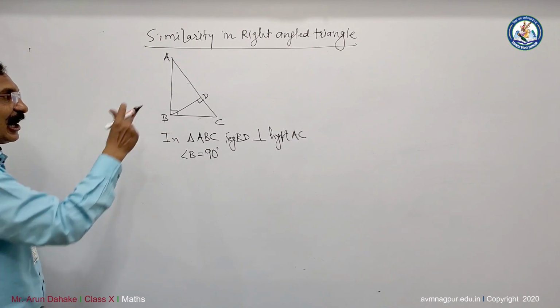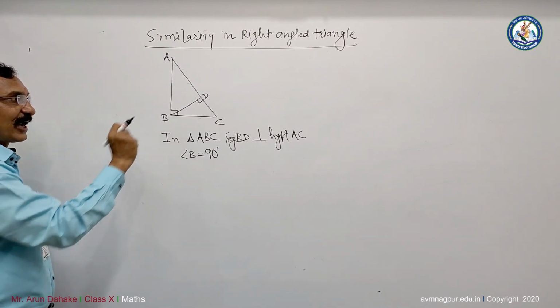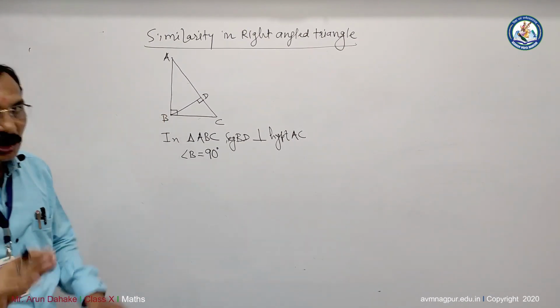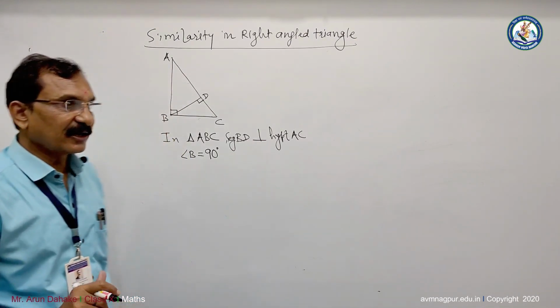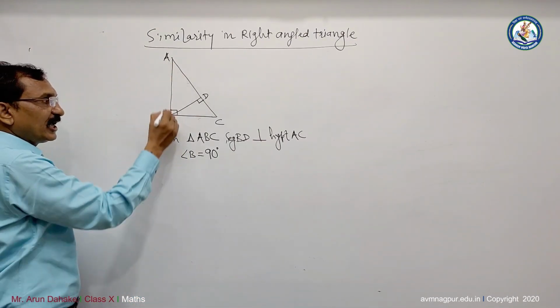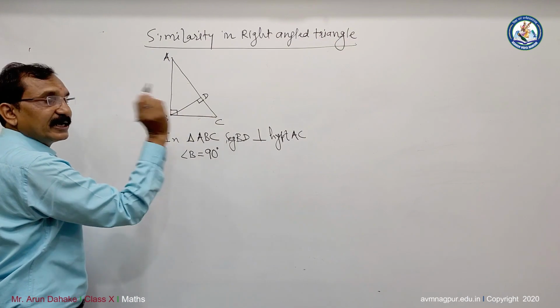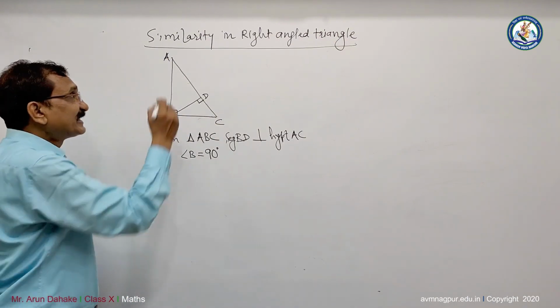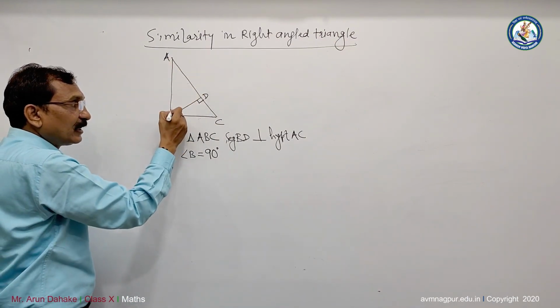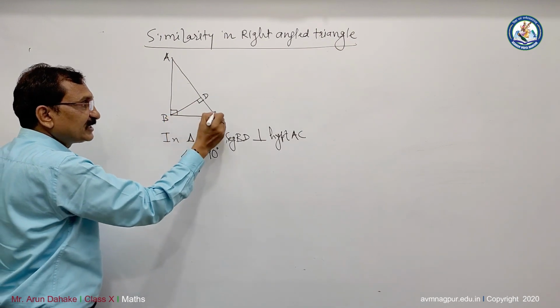Now see here, how many right angle triangles are there? In total there are 3 right angle triangles. One is the original ABC. Then the second is ADB and the third is BDC.